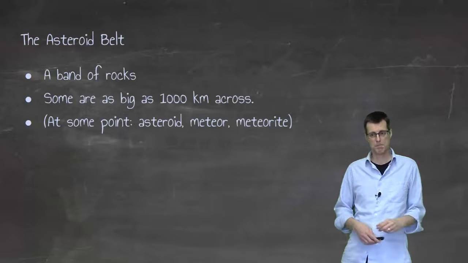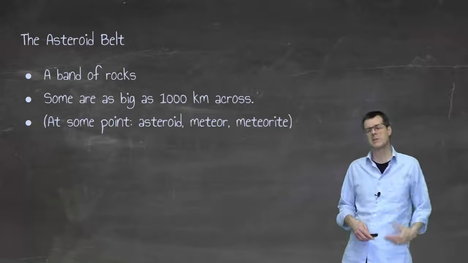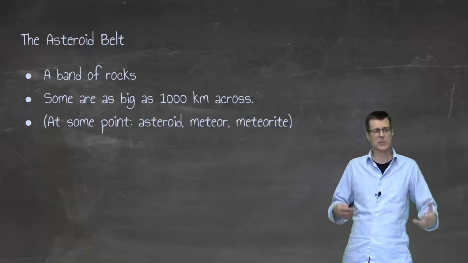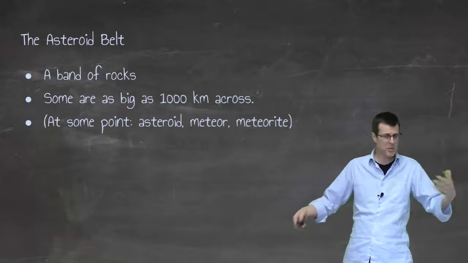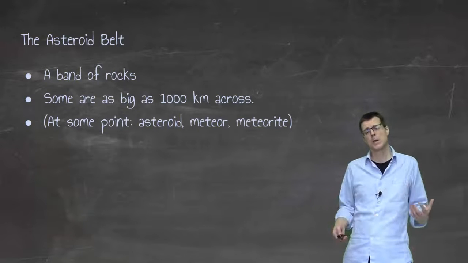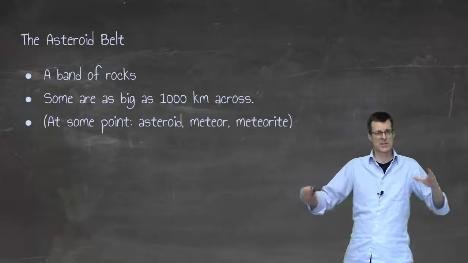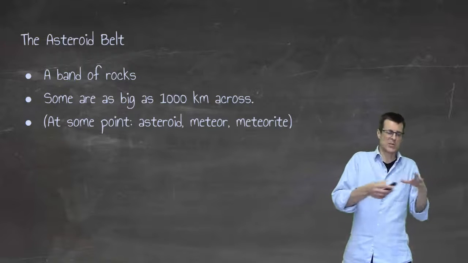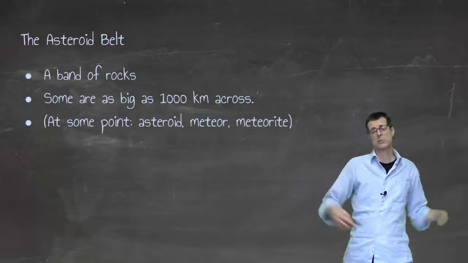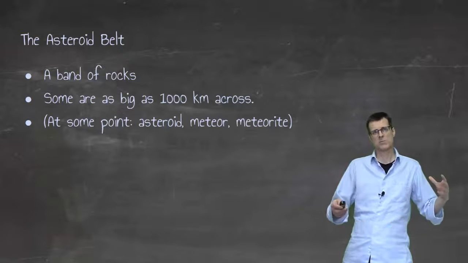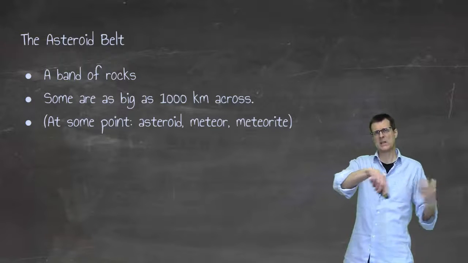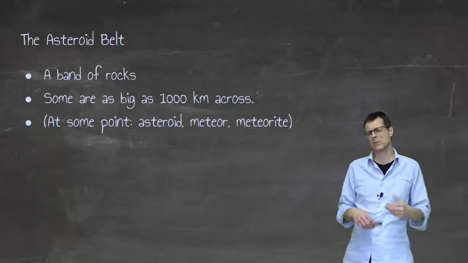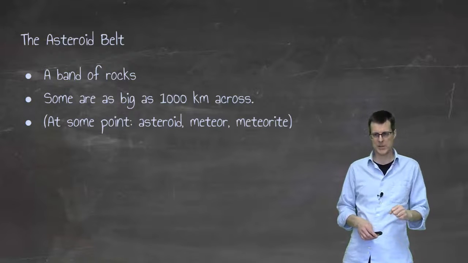Once you get past Mars, the next thing is the asteroid belt. The asteroid belt is a bunch of big rocks flying around. If you think about the rings around Saturn, if Saturn was like the sun, then the asteroid belt would be the rings. Except on this, we've got planets inside there, so well, maybe that's not the greatest example.